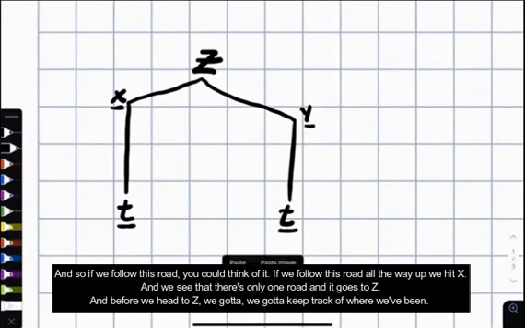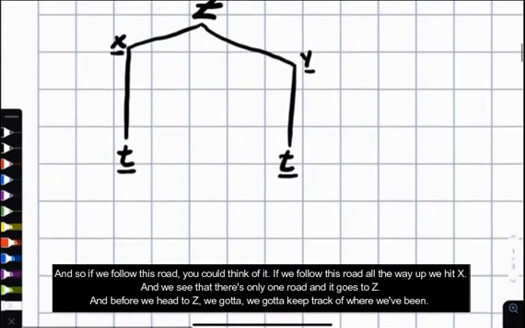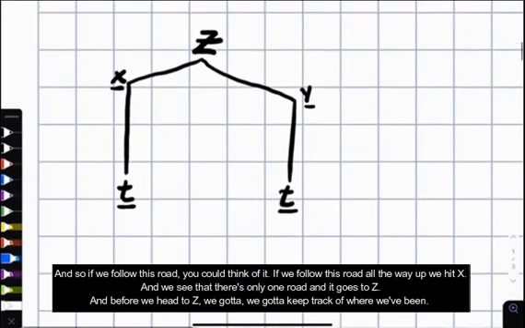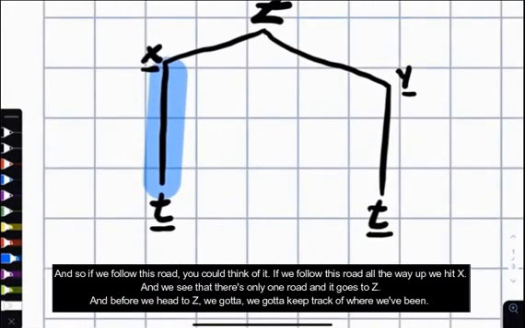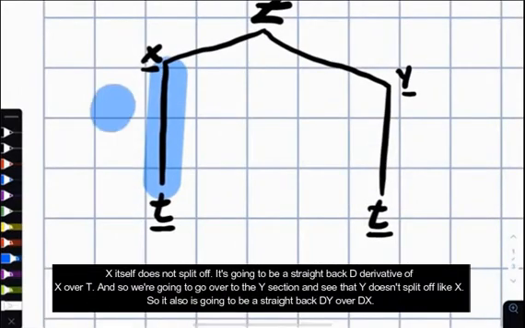If we follow this road all the way up, we hit x, and we see that there's only one road and it goes to z. Before we head to z, we have to keep track of where we've been. X itself does not split off. It's going to be a straight d derivative of x over t.